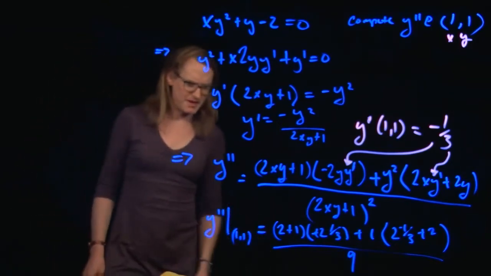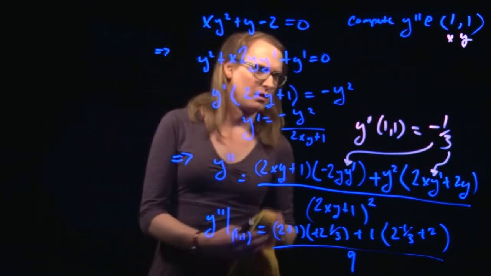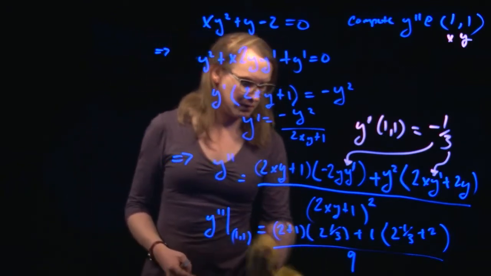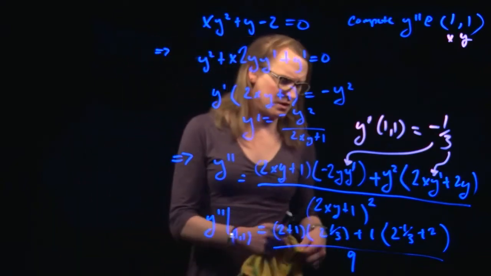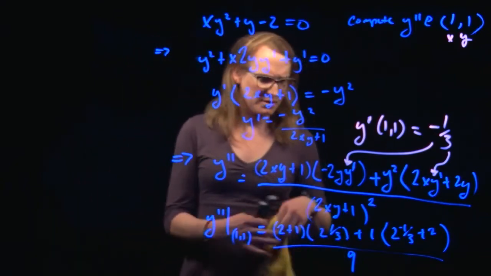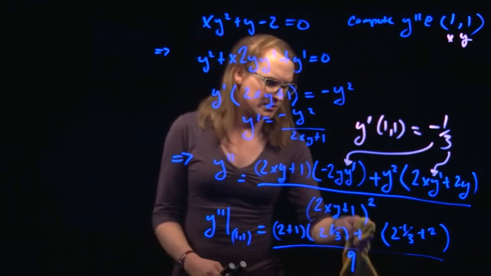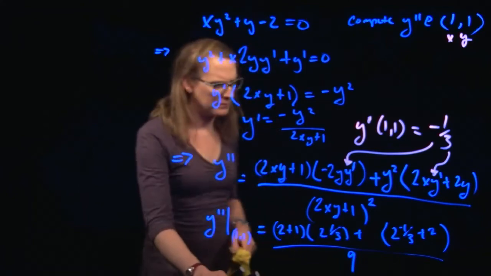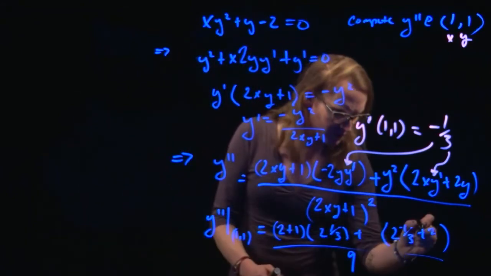Let's boil this down to a number. Simplify. That's 2 times a third. So multiplying by 1, this is plus 2 right here.